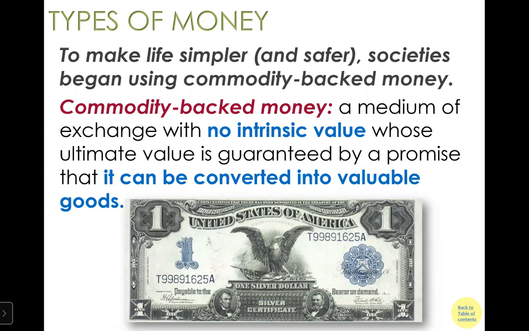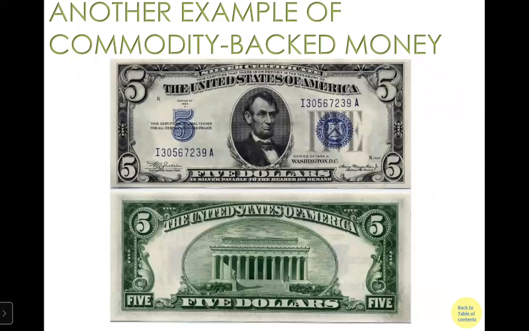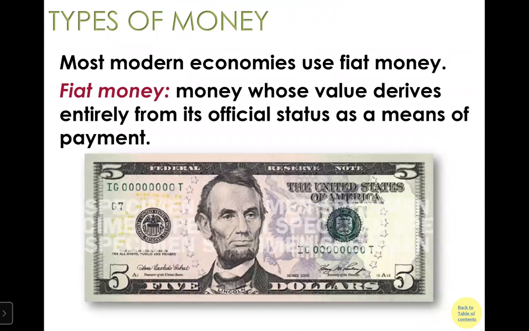But this commodity-backed money is different from the money we are going to see in the next slide. In the next slide, we are going to see a more modern form, without the backing of commodity. Now let's go to the next slide. It's called fiat money. So what is fiat money?